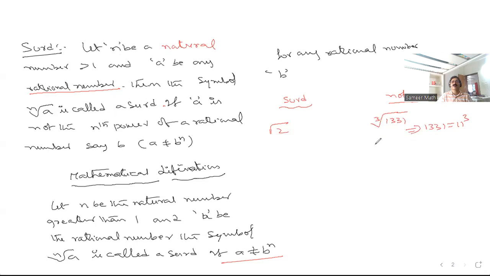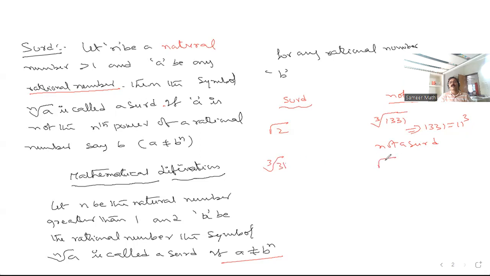So that it is not a surd, because it can be expressed as some power of a rational number. That's why it is not a surd. Suppose you write cube root of 3, it is meaningful. Cube root of 31 also you write down, it is meaningful.